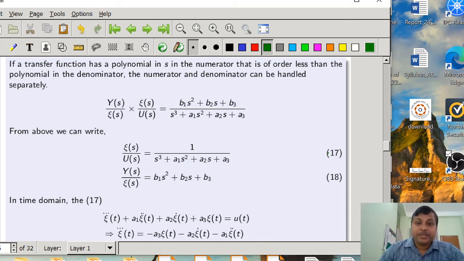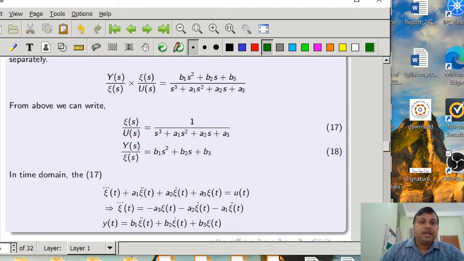And if you see equation 17, we have just discussed how to represent such a transfer function, where no input derivative terms are associated, using the controller canonical form. The other part is Y(s) by zeta(s), that is b1 s square plus b2 s plus b3.